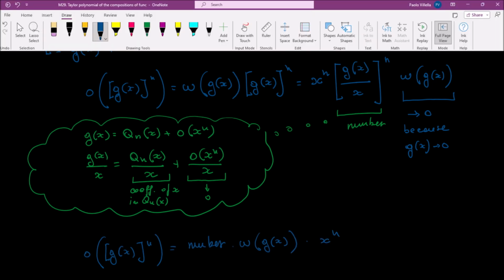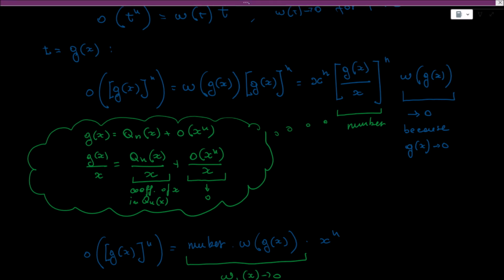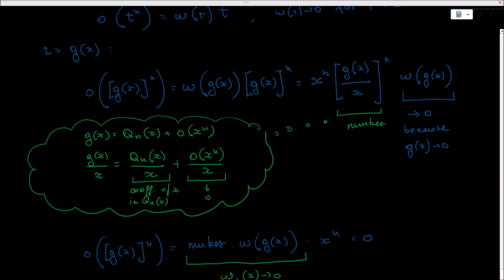But clearly, because this is just a number and omega of g of x goes to 0, this is something which we can call omega 1 of x that goes to 0, which proves, finally, that this entire thing is nothing else than little o of x to the n.